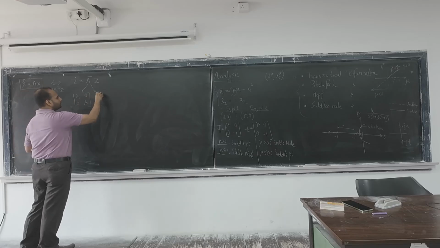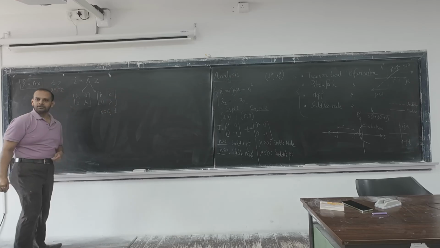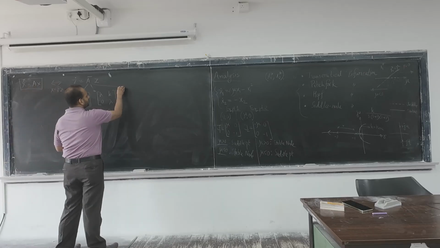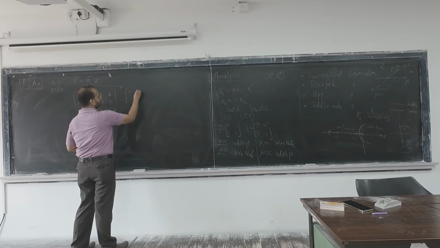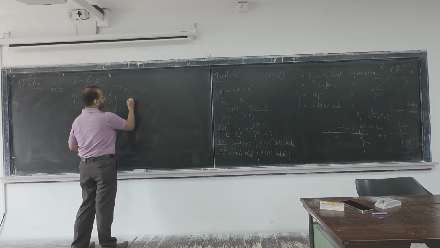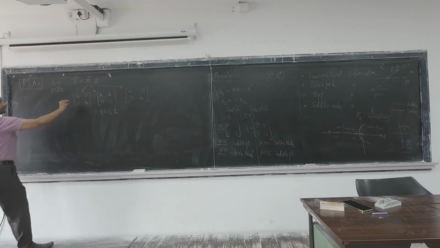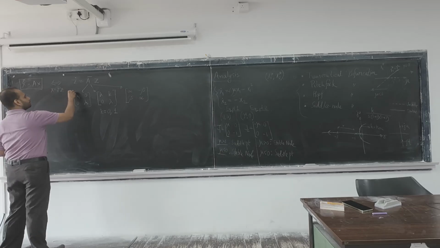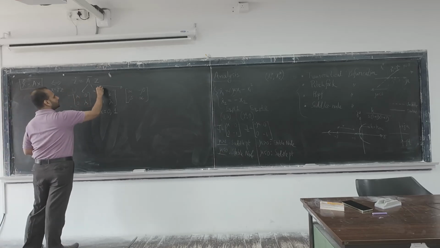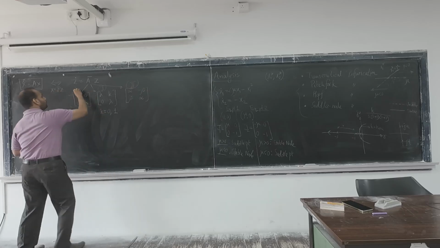Another is lambda with a k in the off-diagonal, where k can be either 0 or 1, which is the Jordan canonical form. And another is the complex conjugate eigenvalues, for which we had alpha, minus beta, beta, alpha. So these are the 3 structures: 1, 2, 3. Case 1 we have already done.